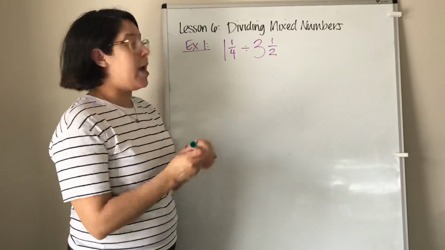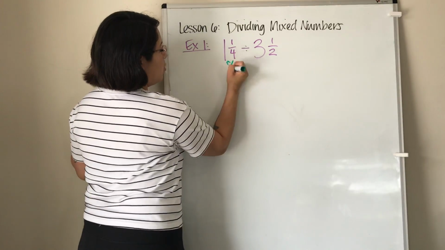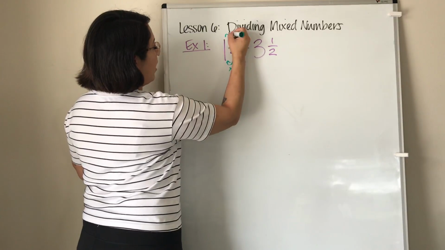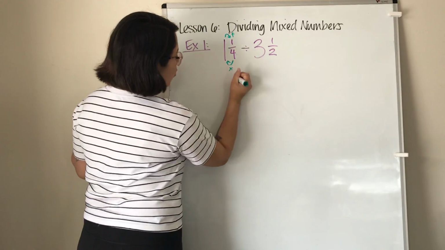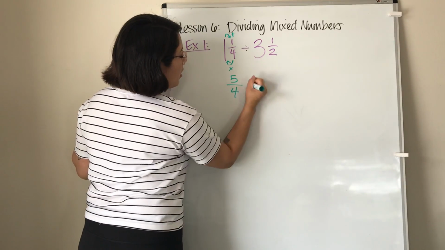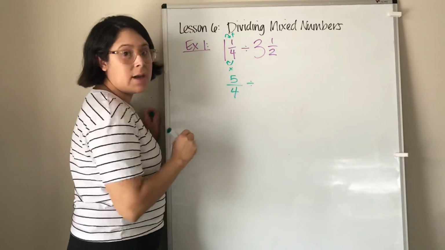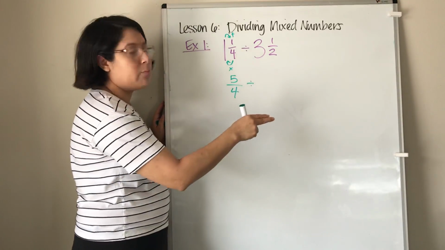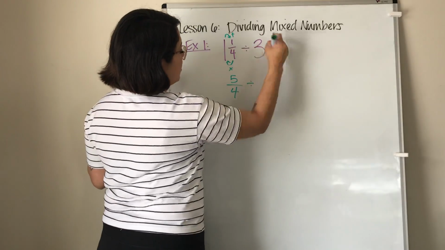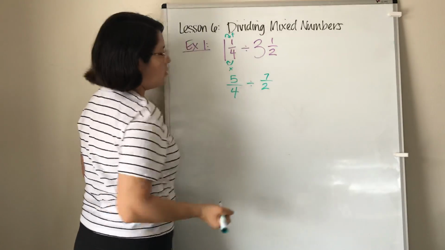You know how to do that, okay? You multiply and then add. So 4 times 1, 4, plus 1 is 5 over 4, divided by, keep your division sign. All we're doing is rewriting your mixed numbers into improper fractions. So 7 over 2.